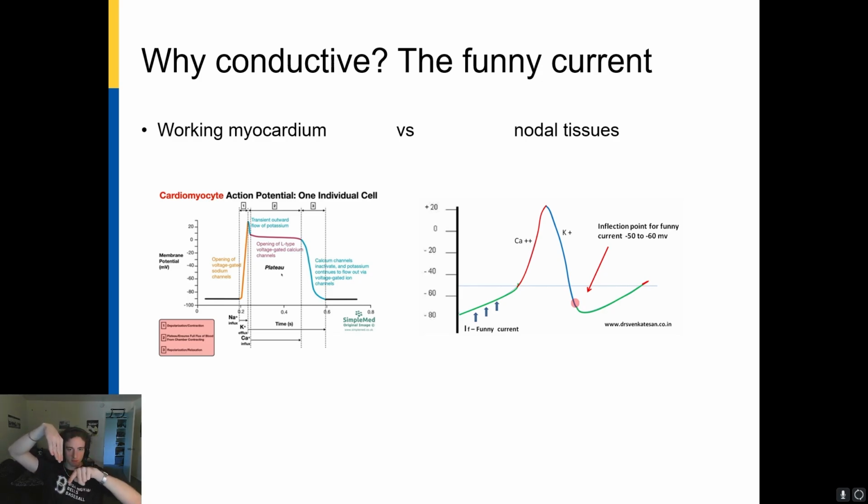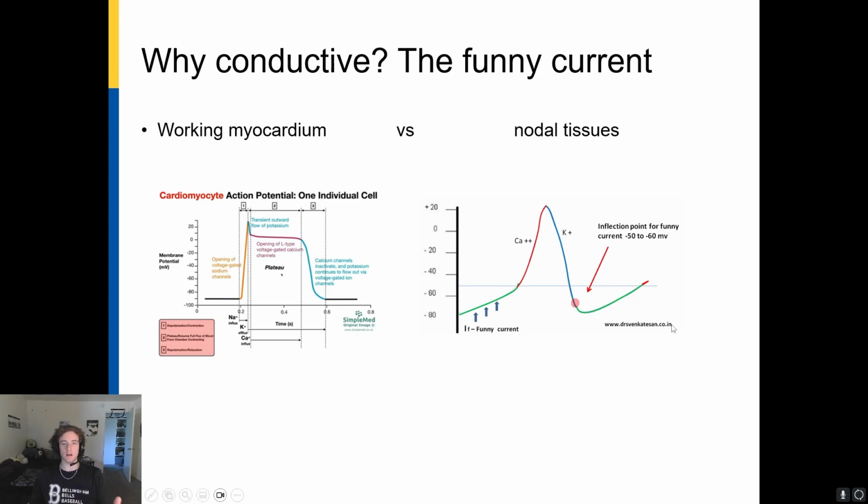Once it opens up other channels, they start letting in ions, which allow it to slowly increase. Then it gets to this point where the calcium channels open, and it blasts up and has its action potential. Then potassium's let in, it repolarizes to a point, but then other channels open, and it's allowed to depolarize during diastole. Then you get this slow increase, and then it goes again.